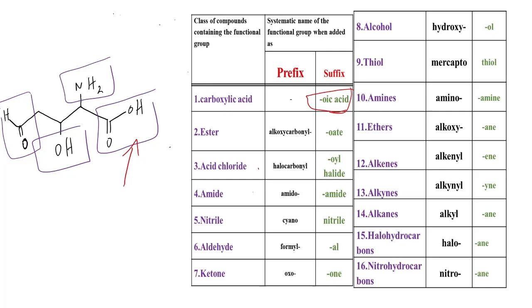So the other functional groups, we will deal with them as substituents or branches. So this is oic acid, and this is amino, and this is hydroxy, and this is formyl.